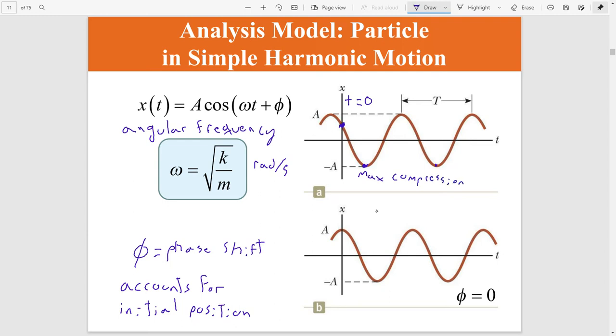And then this keeps repeating cyclically, where after an instance of max compression, it swings back up to a point of maximum stretch before getting pulled back by the restoring force into another compression, and the cycles just keep repeating that way. Now, if the phase shift term is equal to 0, like graph B here at the bottom, then you end up having a much simpler displacement formula where the output of the cosine just depends on the angular frequency and how much time has passed.